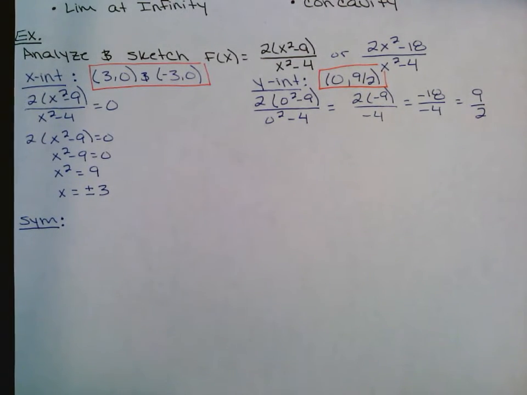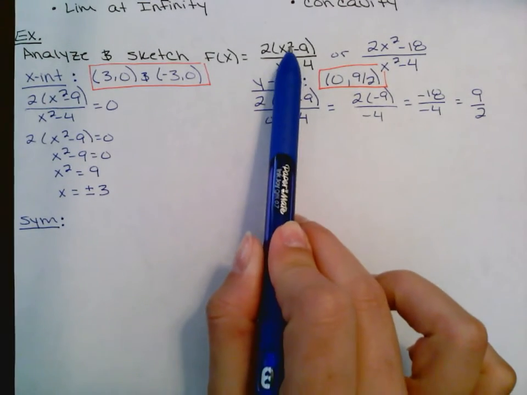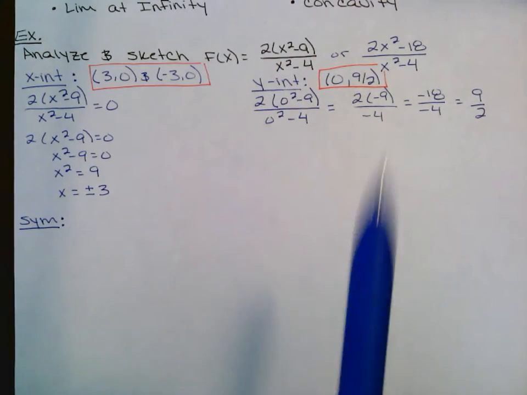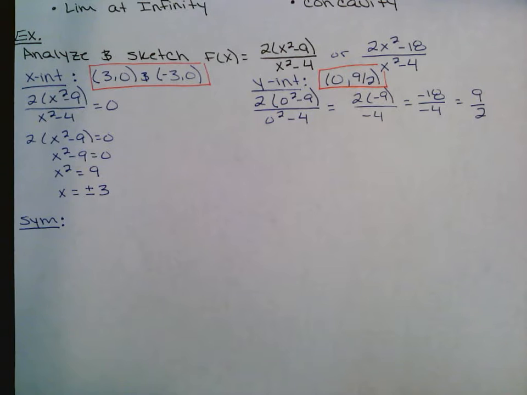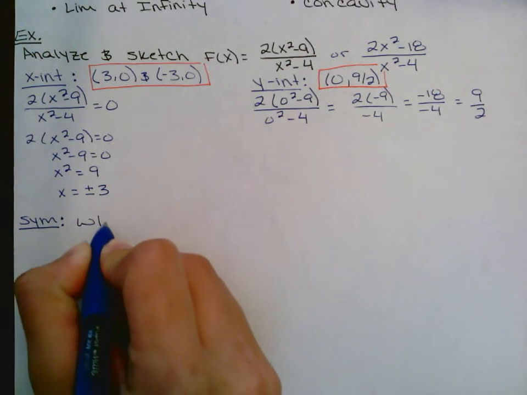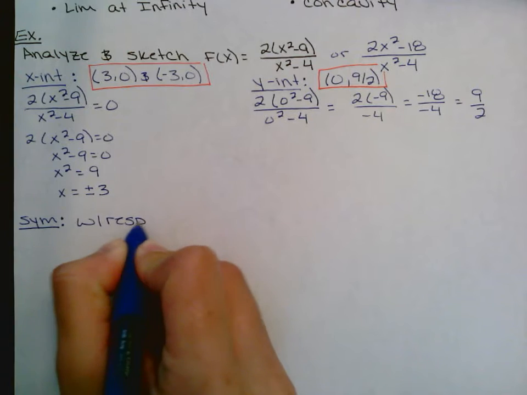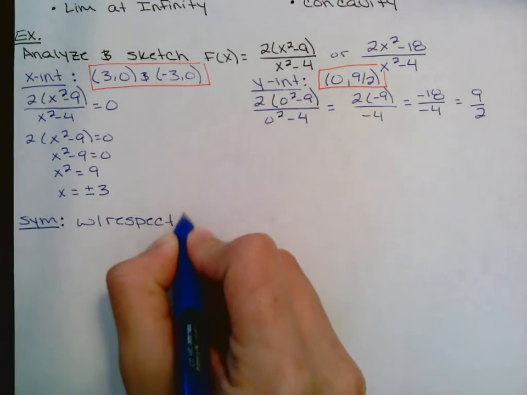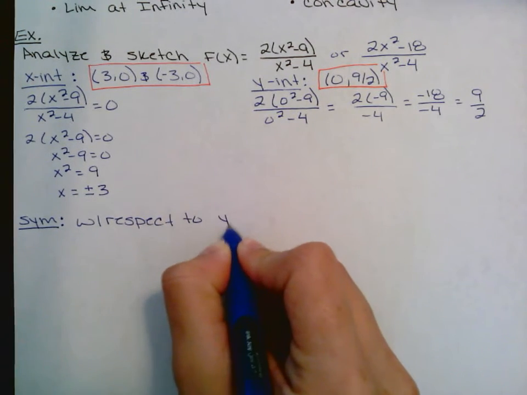So being that I see that both are squared, I'm going to want to test for symmetry with respect to the y-axis. Because squared functions, like if I think of a parabola, are usually the same on the left and the right, okay? Now there's obviously some movement going on here, but let's check out symmetry with respect to the y-axis.